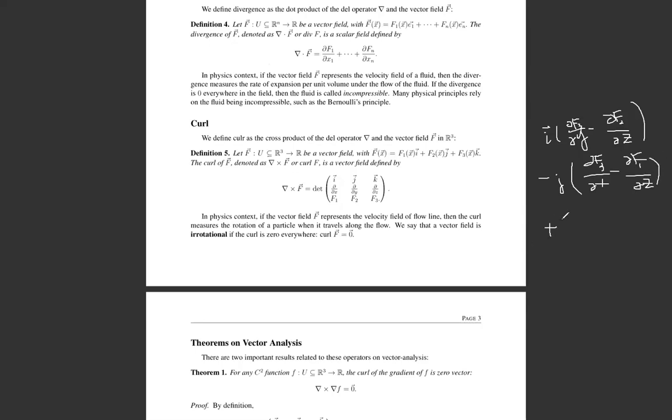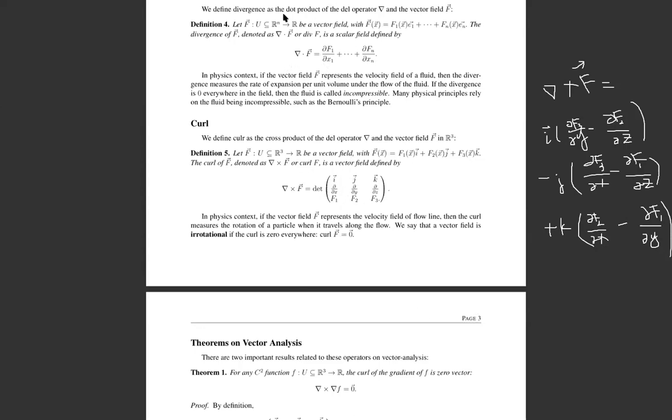And finally plus the basis k times partial f2 over partial x minus partial f1 over partial y. So this is the curl of F when you expand the determinants.